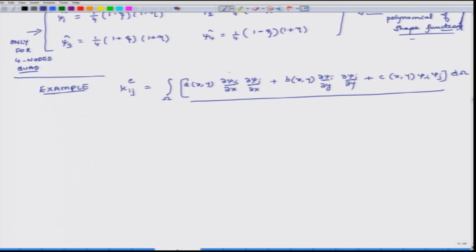What I do is I have to compute each of these terms in terms of zeta and eta, because then if I reassign these terms in terms of zeta and eta, then I can do the numerical integration using Gaussian quadrature.